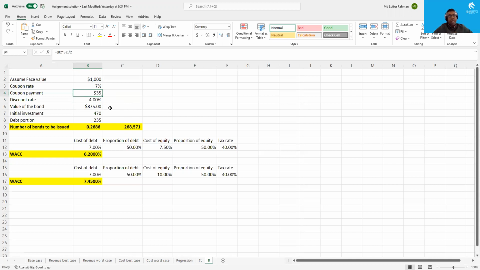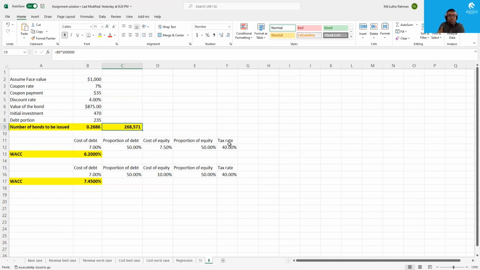So you should divide it by the semi-annual discount rate, which is 4%. Can you remember the present value for perpetuity, which is cash flow divided by discount rate, and the value of the bond is $875, right? Our initial investment is $470 million. 50% will be financed by debt, so you divide it, 235. So as you divide 235 million by this value of bond, you find that 268,571 bonds will be issued.